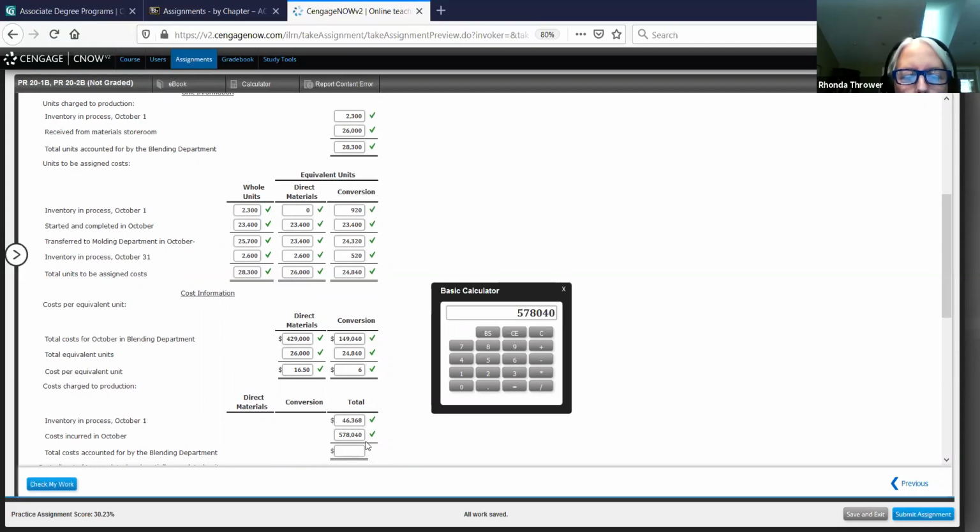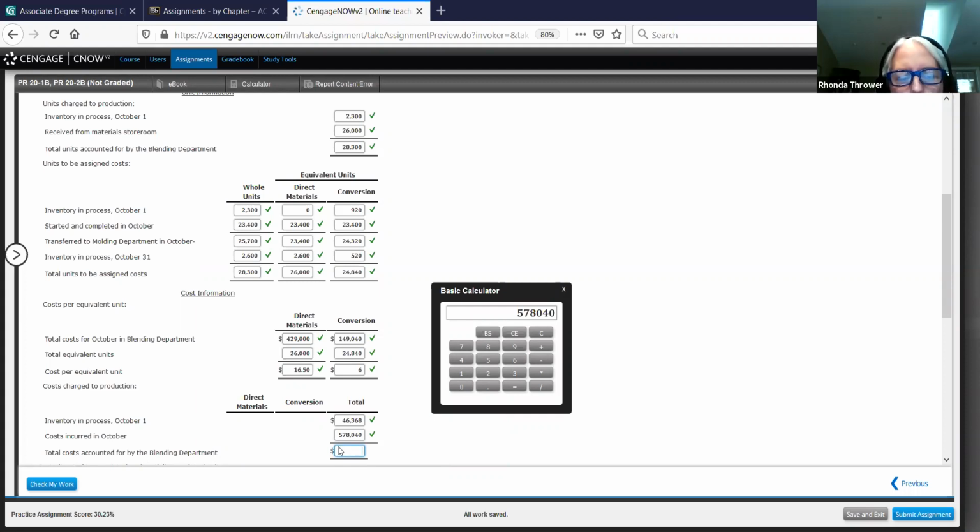So the materials, labor, and overhead were combined. They were given amounts to determine the costs that were incurred in October. To these costs, we have to add the beginning inventory that was transferred in from last month, and that will give you the total cost for October.